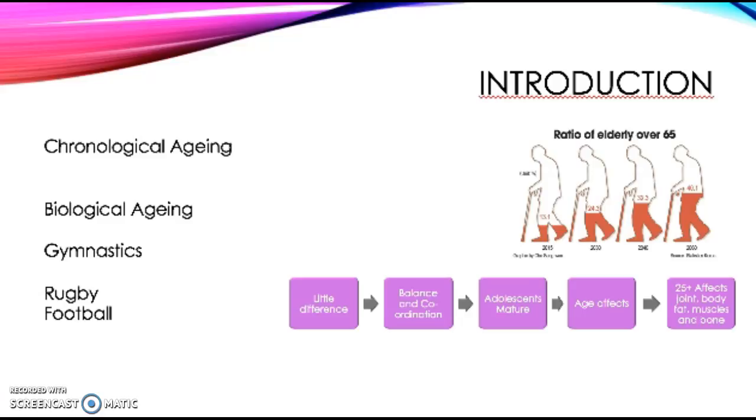Additionally, between 25 and 30, depending on the aging process, individuals will start to get affected joints, body fat, muscle tissue, and bone structure.